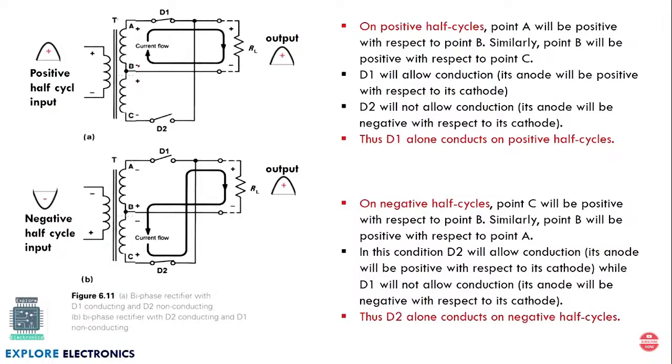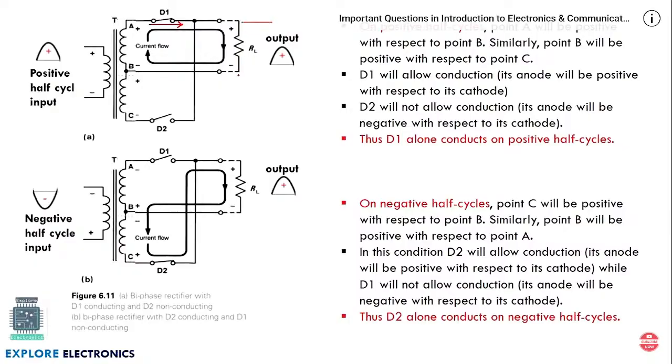So D1 becomes forward biased and D1 conducts. The current will be flowing in this direction through RL and coming back to the negative terminal here. Because of the forward biasing, the diode conducts the current flowing through RL in this direction. The voltage across RL, if we measure like this, is the same as the input signal we have given.